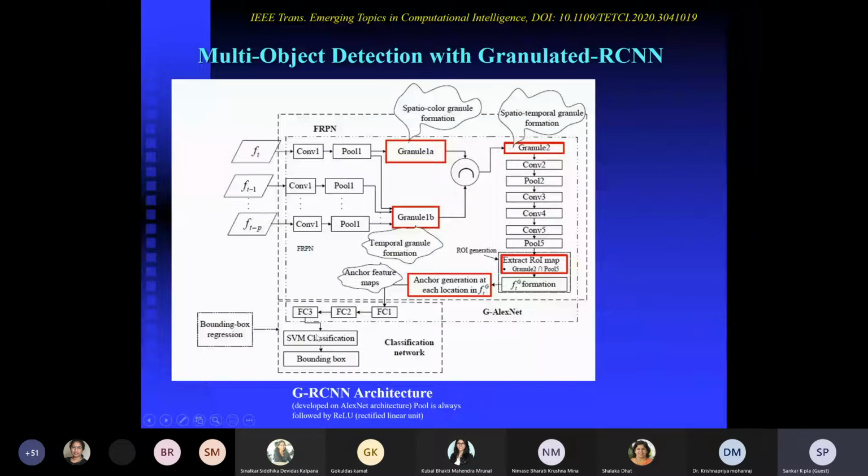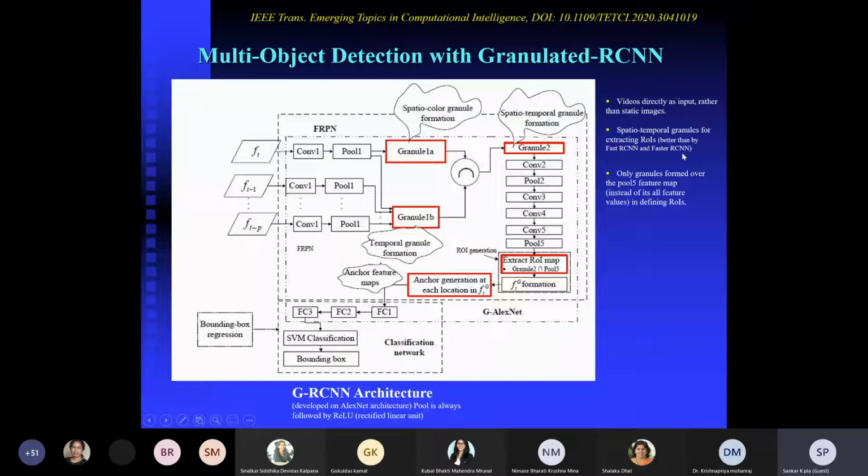So as a result, what is happening? Since I'm using videos, it takes the video directly as input rather than a static image. This is the first different characteristic. I'm using spatio-temporal granules for extracting region of interest, which is better than fast RCNN and faster RCNN.